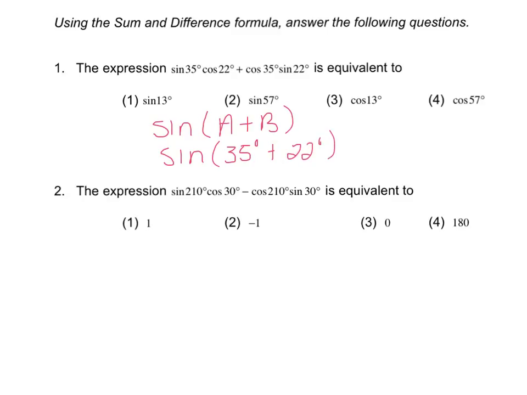So I actually have sine of 35 plus 22, which is sine of, anybody want to tell me? You're correct, 57 degrees. And sine of 57 degrees is number 2.